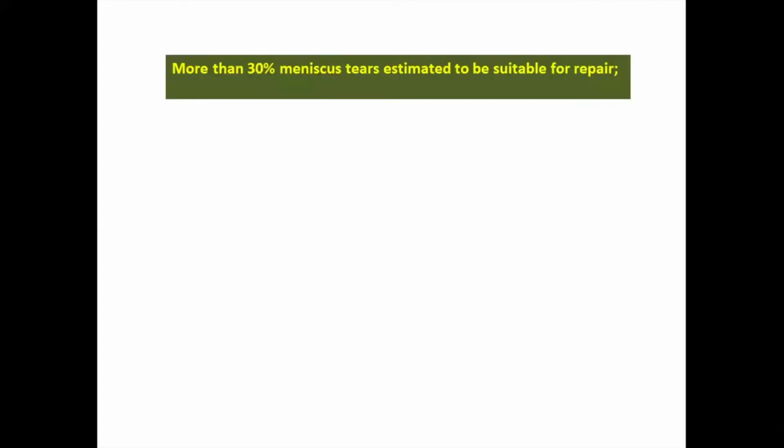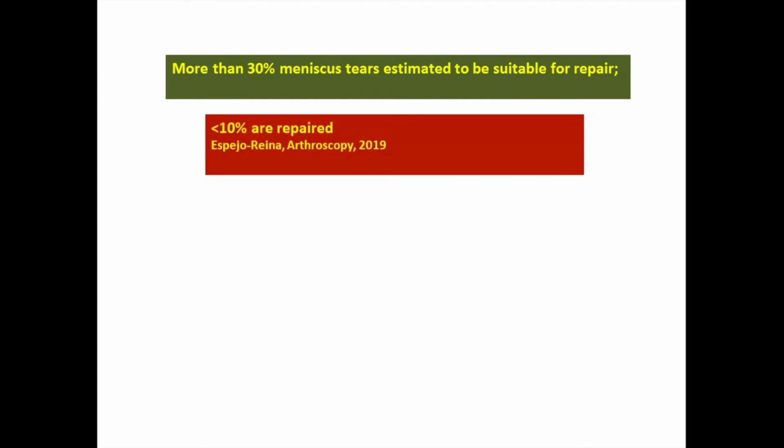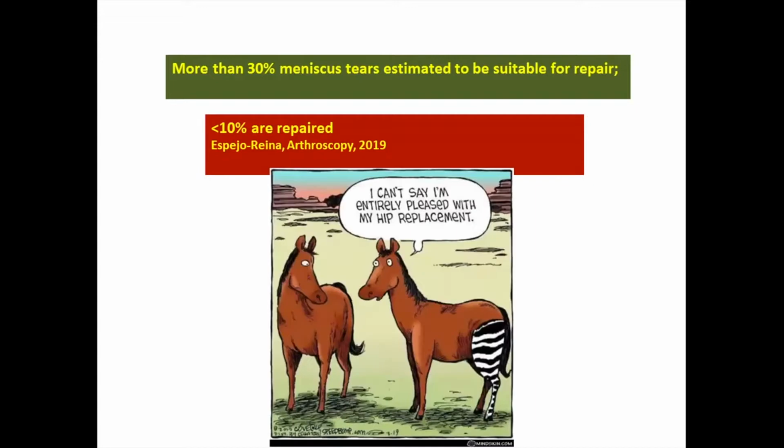So when we come across these lesions, when we come across these tears, more than 30% of meniscus tears seem to be suitable for repair, but for some reason, less than 10% were repaired.